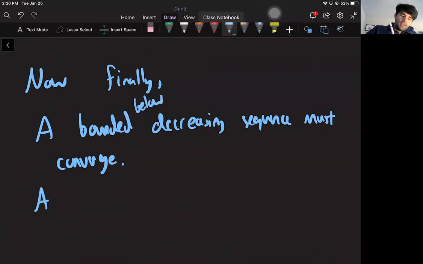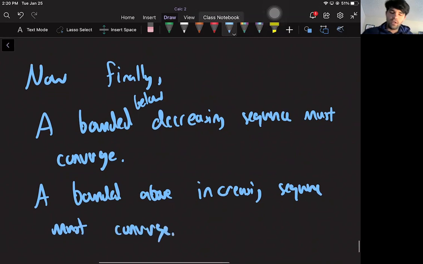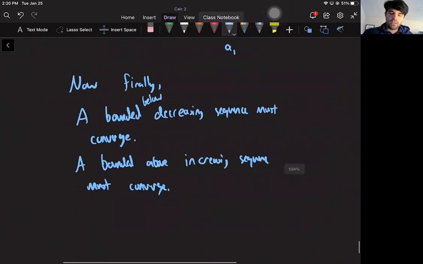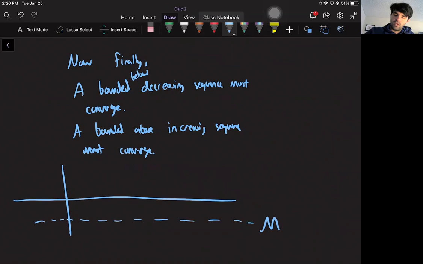And there's an opposite as well, a bounded above and increasing sequence must also converge. So here's the pictures for why these make sense. So if you are bounded below, so here's your bound, capital M is what we called it, and your sequence is decreasing, that means it's going down, down, down after some point.